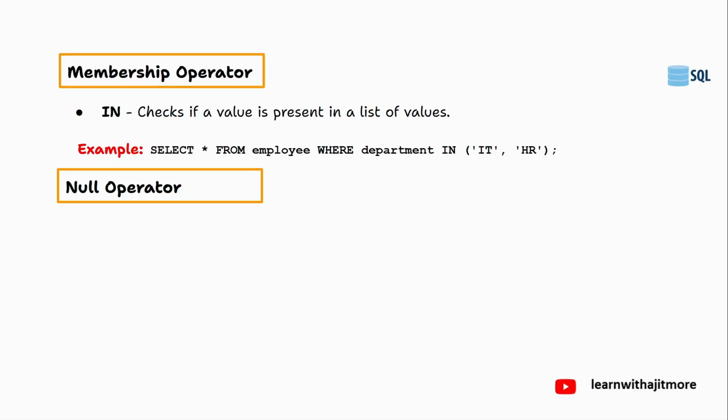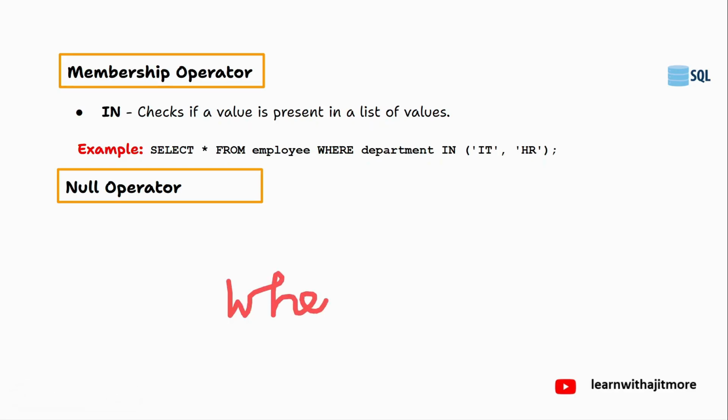Yes, yes. Now, next is if you want to check whether the value is null or not in any column, if a null value is there. If you want to compare any column with a null value, you cannot use the equal to operator. It doesn't work.